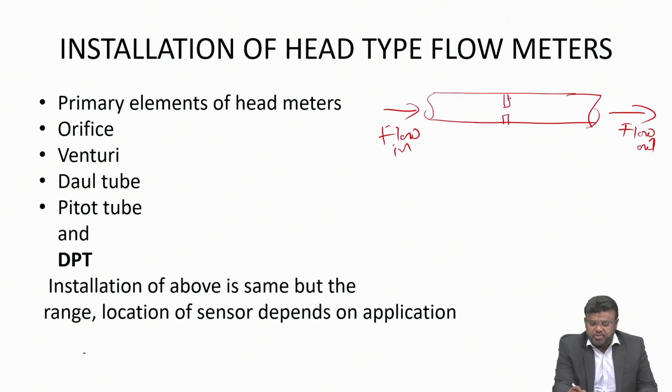If we keep an obstruction, this obstruction is nothing but whatever is listed here, an orifice or venturi, anything with different designs. The designs may be different. This side portion we will call upstream, and the right side of this obstruction is called downstream.